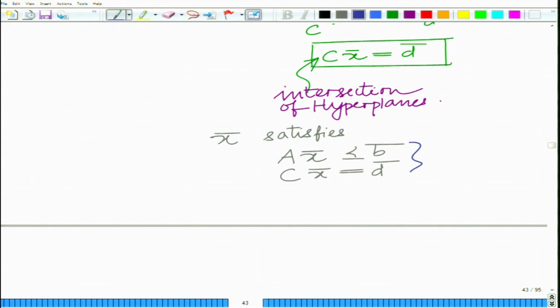This region represents what we know as a polyhedron, an intersection of a finite number of hyperplanes and half spaces.